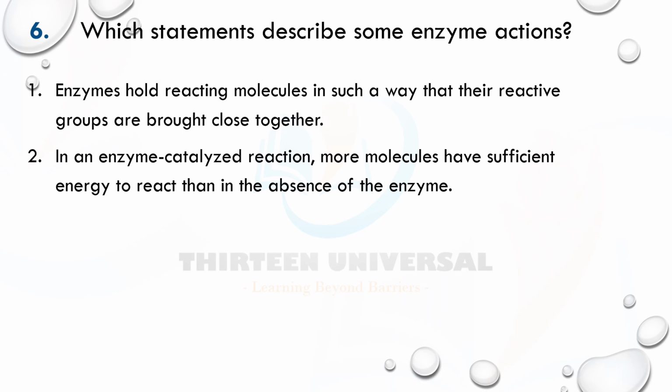Is that correct? See, if the activation energy without enzyme, let me call it A, is about 80 degrees, maybe you need to supply this temperature. Let's assume it's going to give us about 300 joules, okay. You supply this.